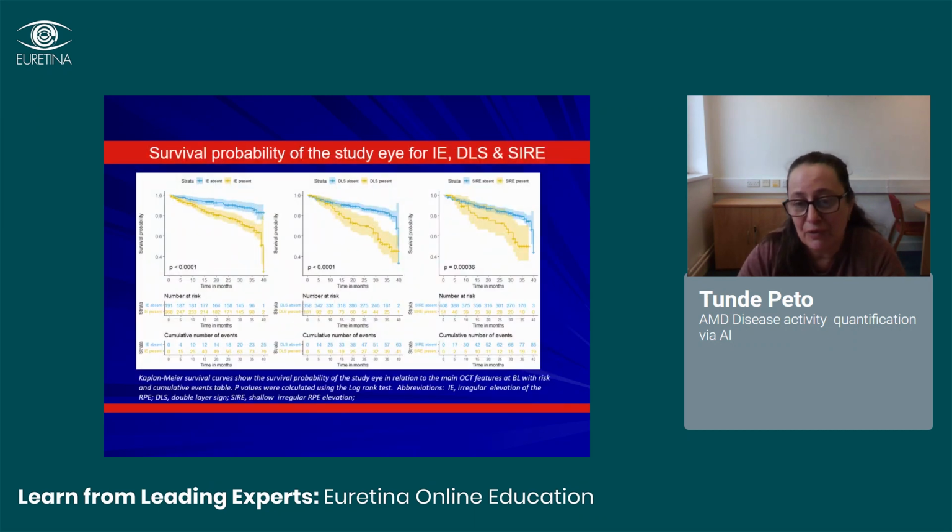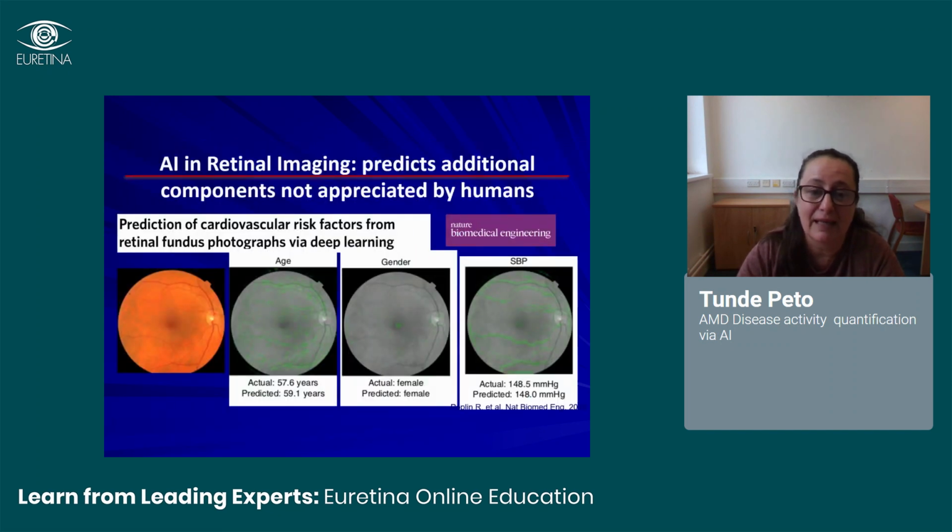And then if you come up with new ideas, once you run it, you will be able to see which characteristics will help you the most with the survival probability of getting neovascular AMD.